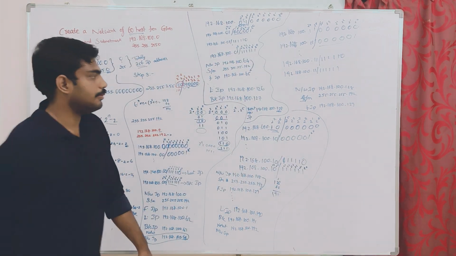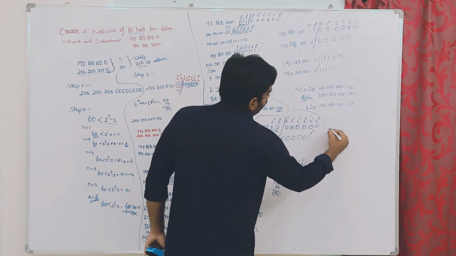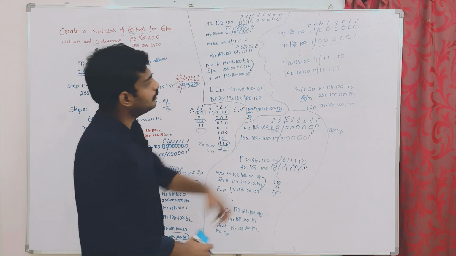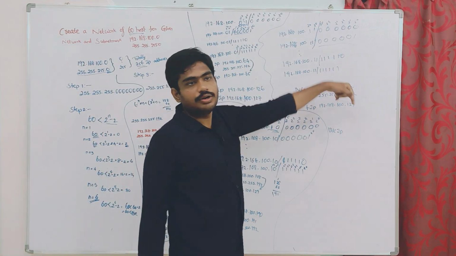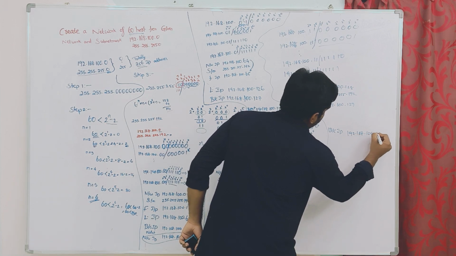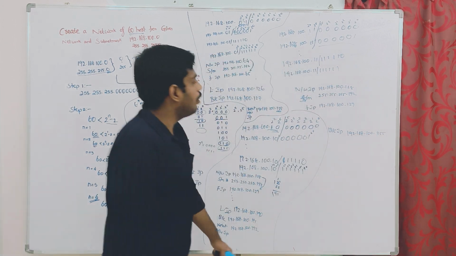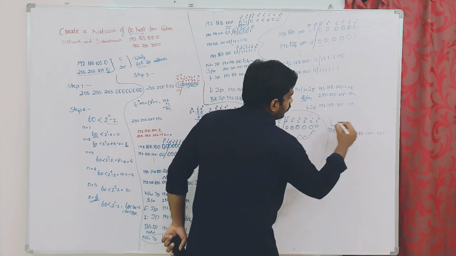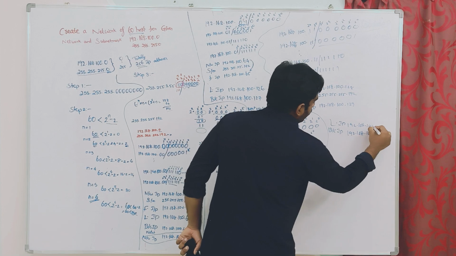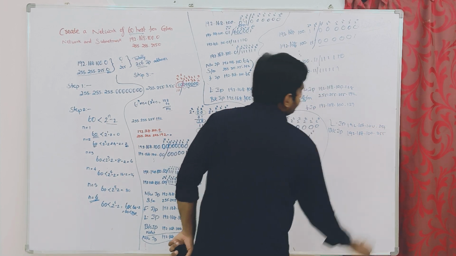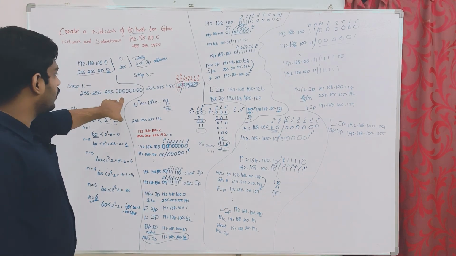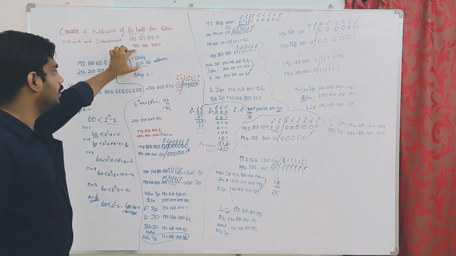What will be my last IP? I will find the broadcast IP so that I will come to know what my last IP is. So the broadcast IP is all ones. Once you find all ones, that will be 192.168.100.255. So obviously your last IP will be before the broadcast IP, 192.168.100.254.